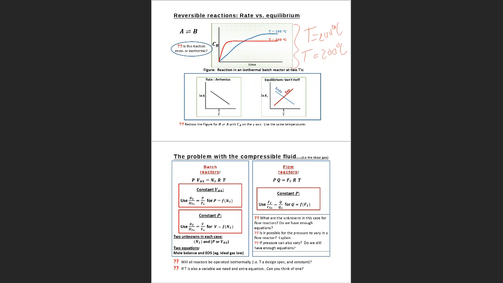How will that figure look? I'm going to open a blank board and give you a minute to see if you can come up with that figure. For an endothermic reaction, how will it look?